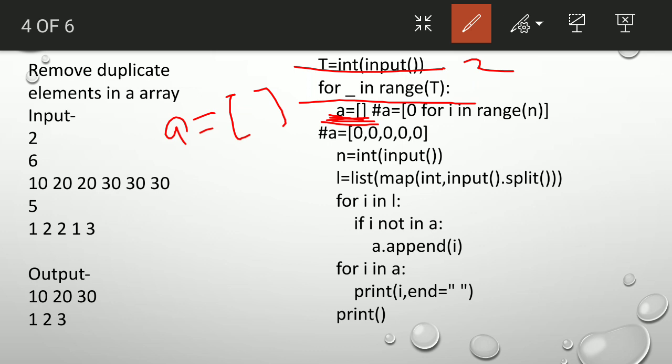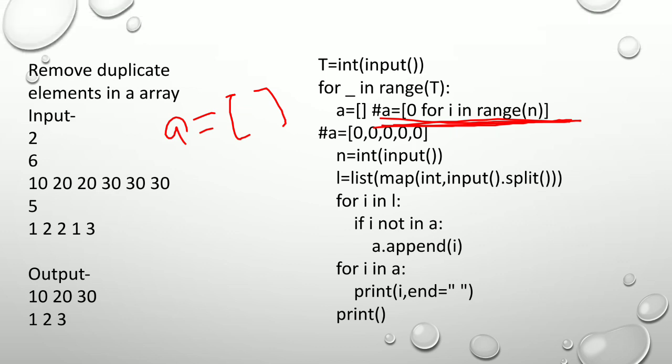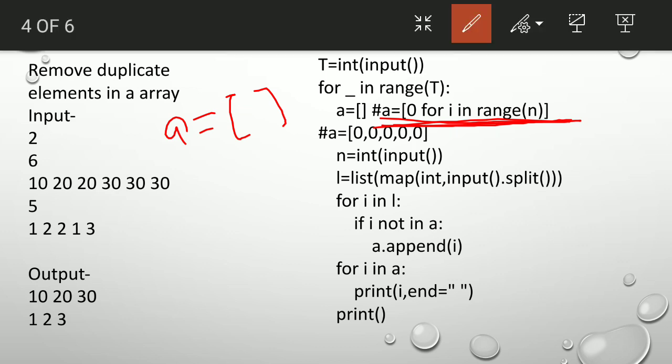We can also write it like this: a is equal to 0 for i in range of n. What does this particular statement mean? It means a is a list which contains the value 0, up to how much?